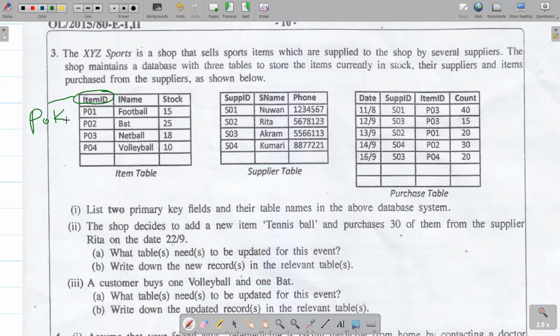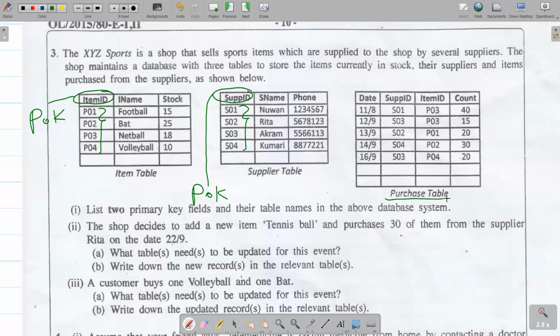So P1, P2, P3, P4, they are unique, sorted in a numeric or alphanumeric manner. So we can take this as the primary key. If we take the supply table, supply ID is going to be the primary key. Again, unique alphanumeric values. In most cases, we go with numeric or alphanumeric values when finding a primary key.